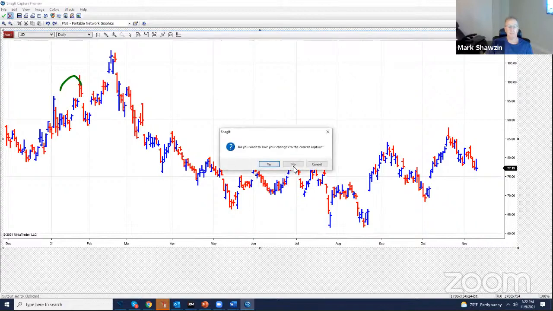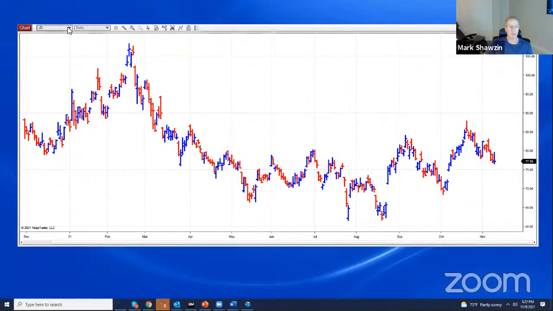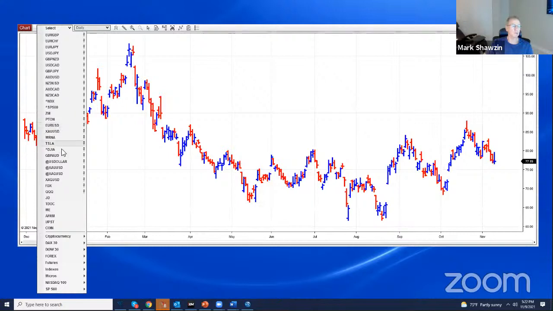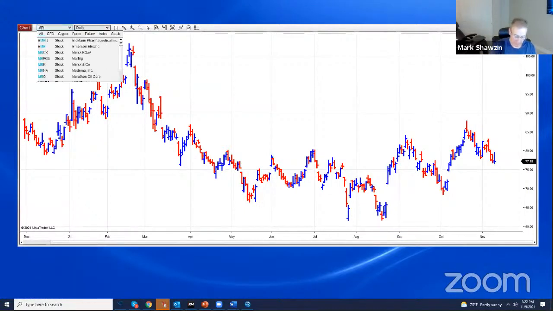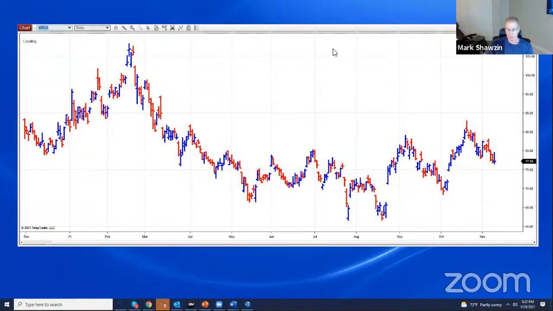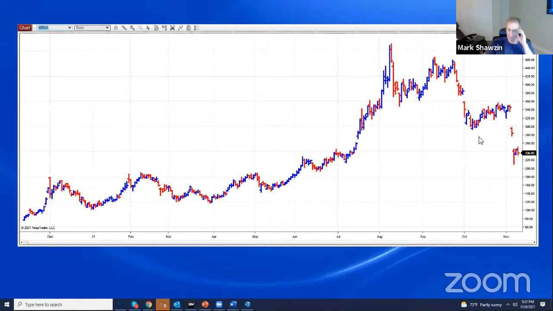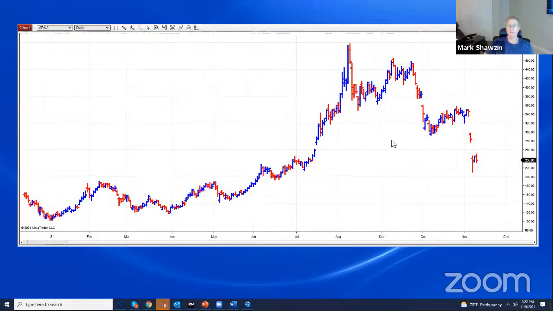I'm trying to think of a better chart where maybe we'll see an inside bar to answer that question. So sometimes you get a combination of an inside bar.